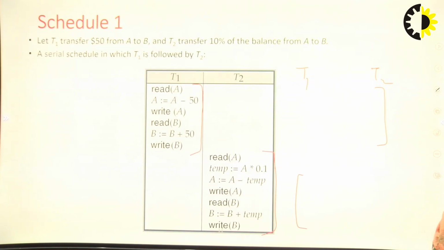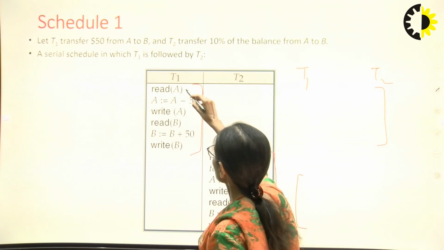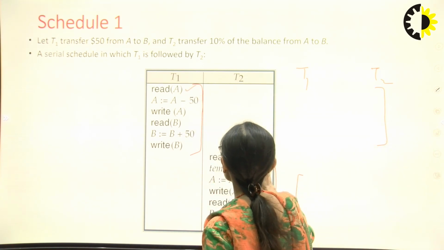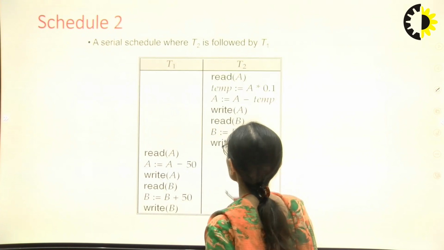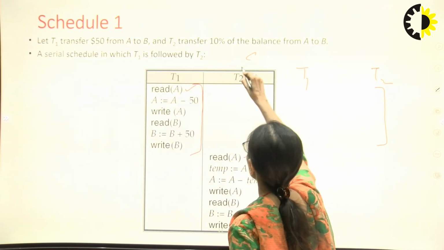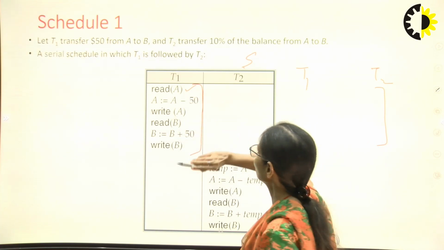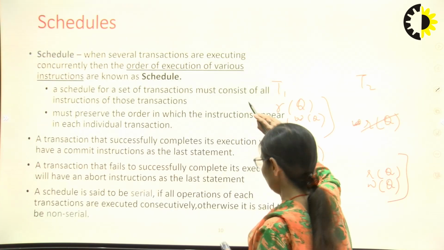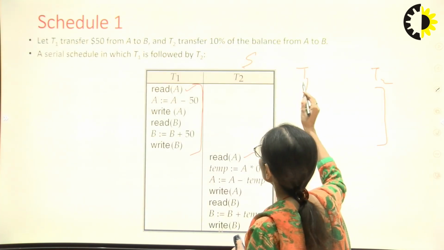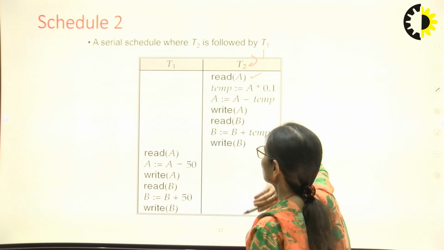So this is my schedule 1 and 2. This is read A and this is read A in T2. In this case, this is my S dash and this is my S. The first read A is done here, and in schedule 2 it is successfully done as well.